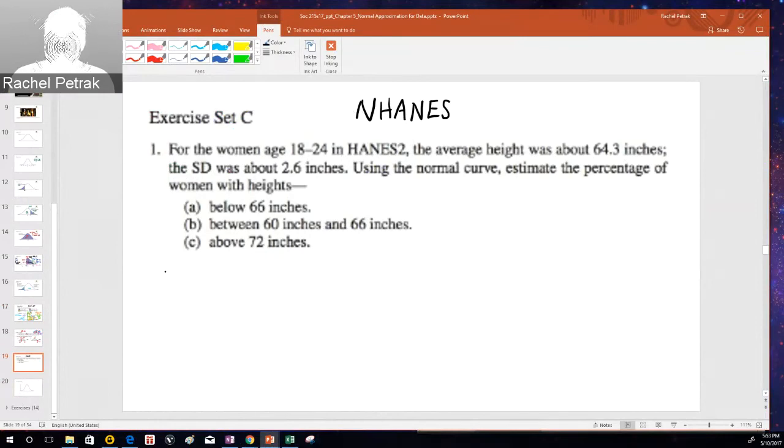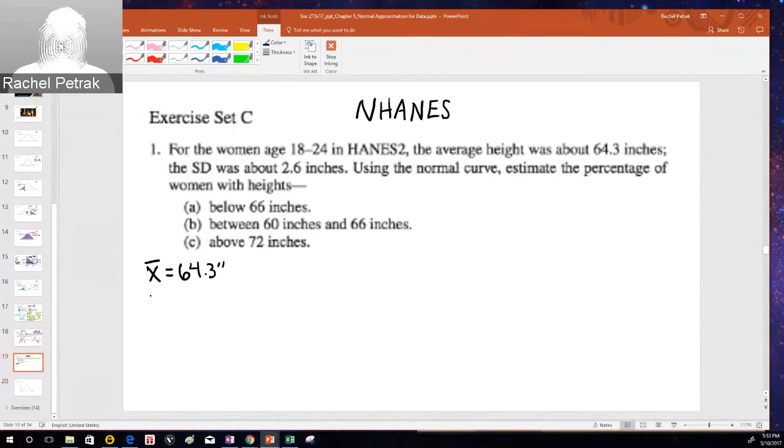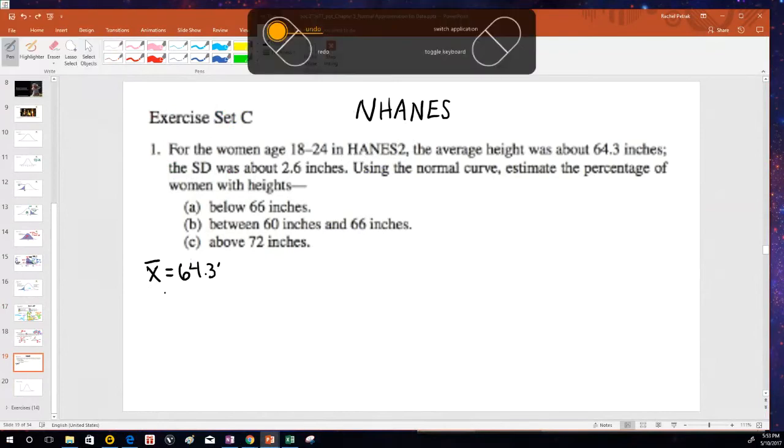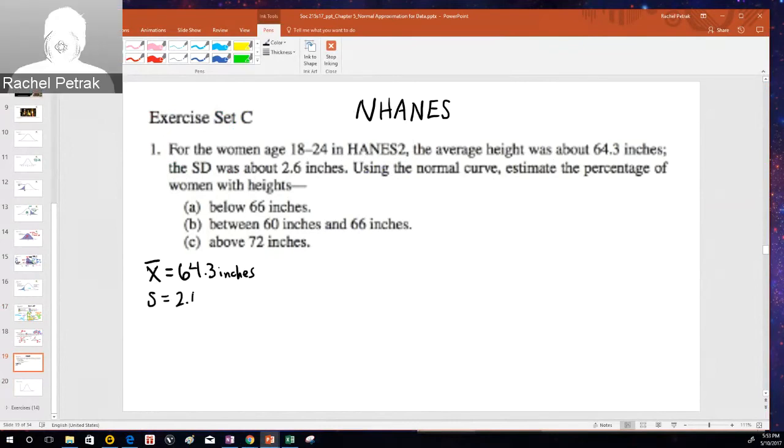I'm going to start out by taking note again of my important data over here on the left: the mean is 64.3 inches, and the standard deviation is 2.6 inches.